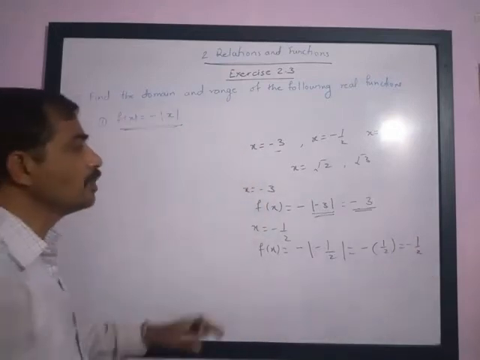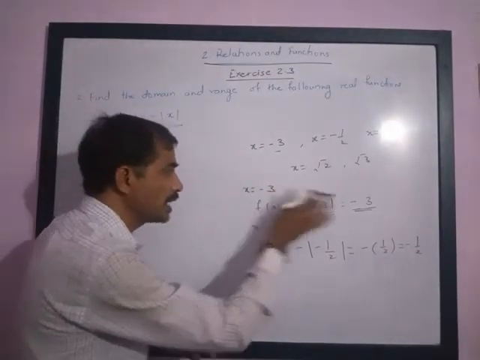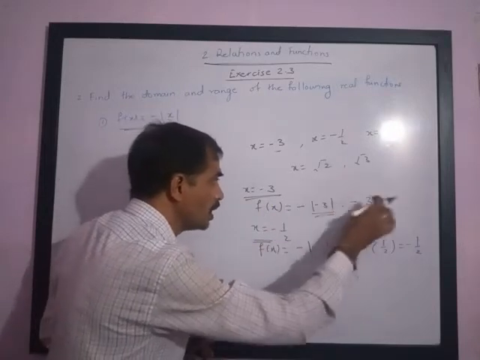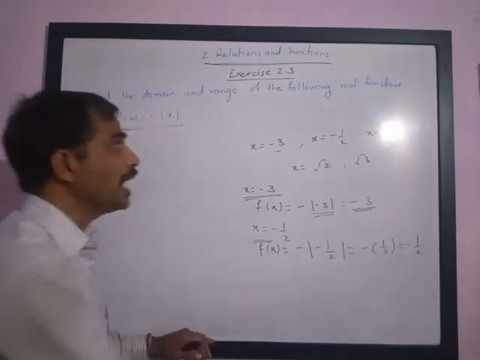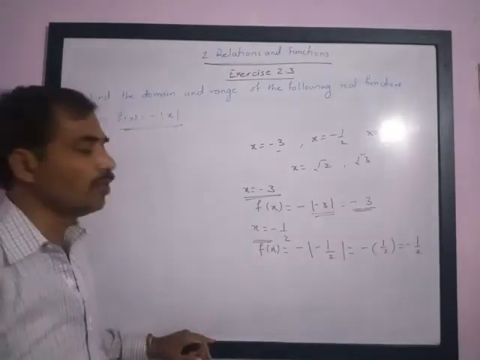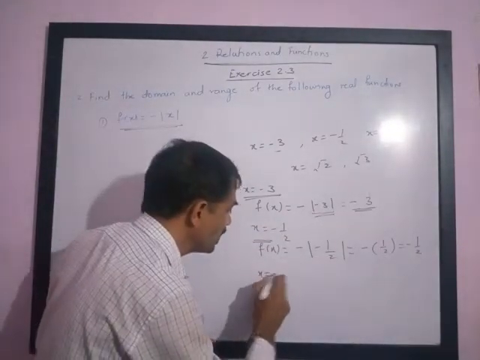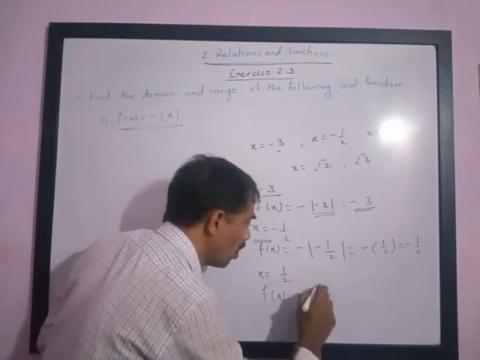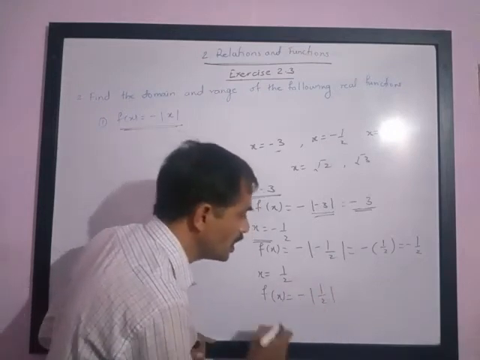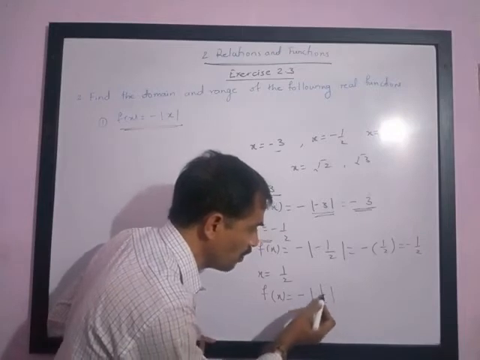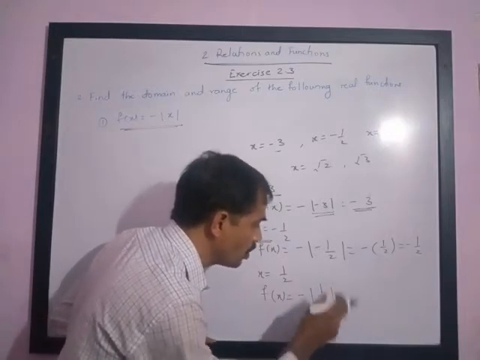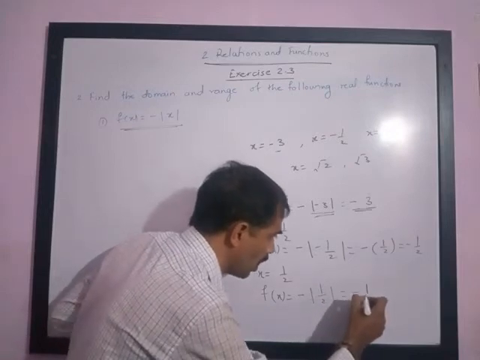Now let us check. Please note, if x has negative values, we are getting negative values. If x has a positive value, let us see what happens. If x is equal to half, then f of x is equal to minus mod of half. This is a positive value, so it remains positive, but this is a negative of the absolute value, hence this becomes negative half.